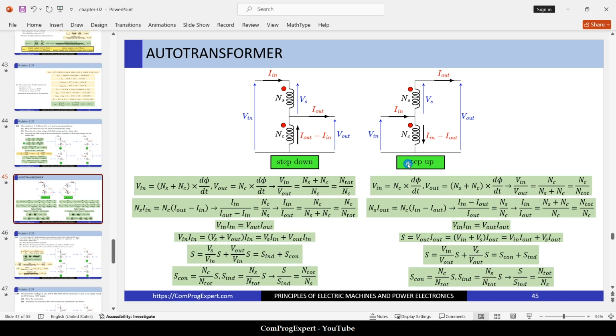How much of the total power is conductive and how much of it is inductive?